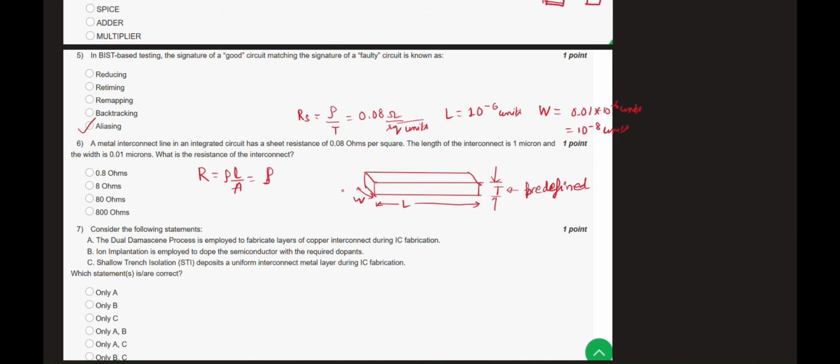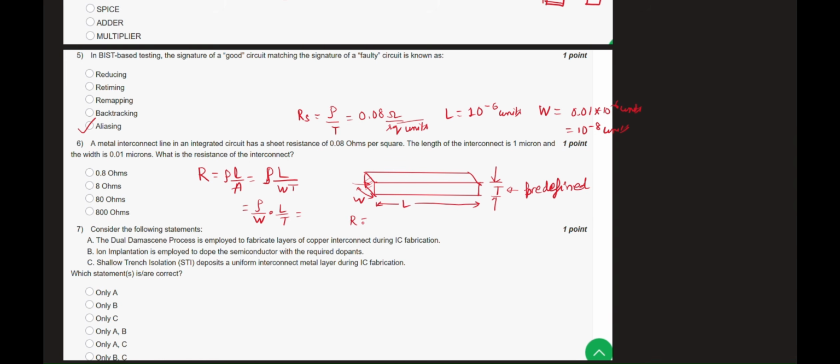L here will become this length L. And area, this is the area through which current will be flowing, W into T. Now, rho upon T is predefined, and this value is given actually, the sheet resistance.